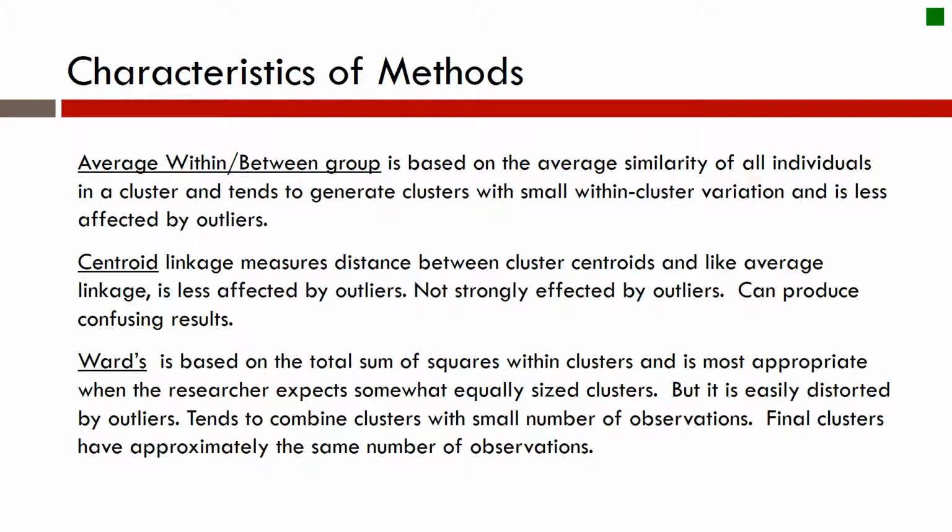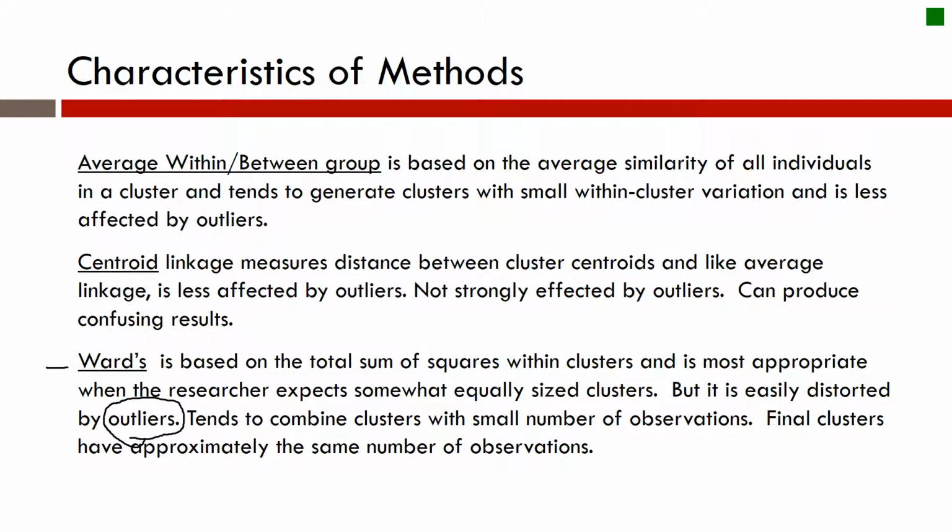Ward's method is based on the total sum of squares within clusters, and it's appropriate to use if you expect fairly evenly sized clusters. Outliers, however, can impact Ward's method more than the other methods.